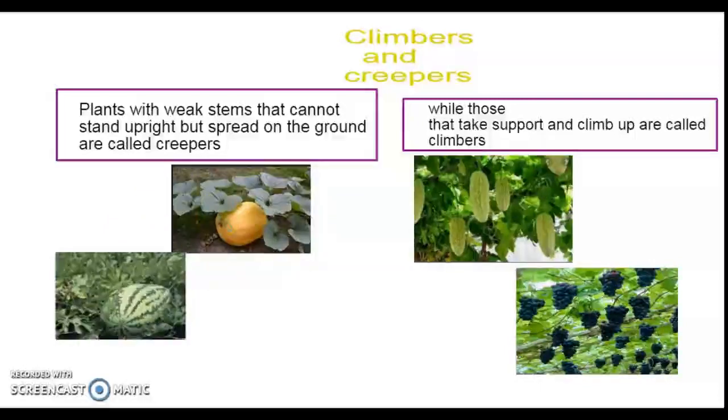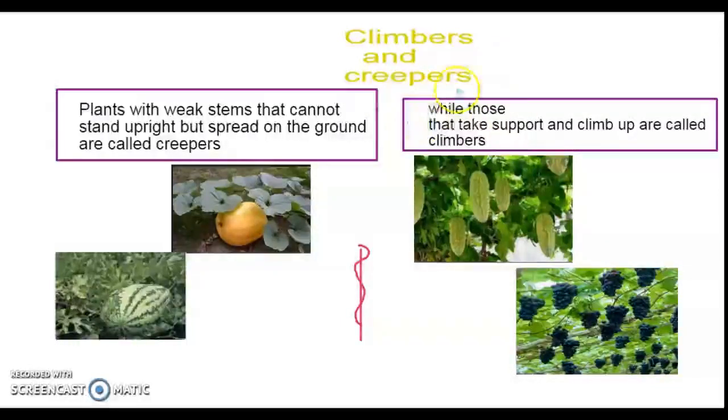Then what are climbers? They also have a weak stem. But what do they do? They climb on others. If you give a stick to a climber, it will climb on it. Have you seen a bitter gourd vine growing or a grape vine growing?